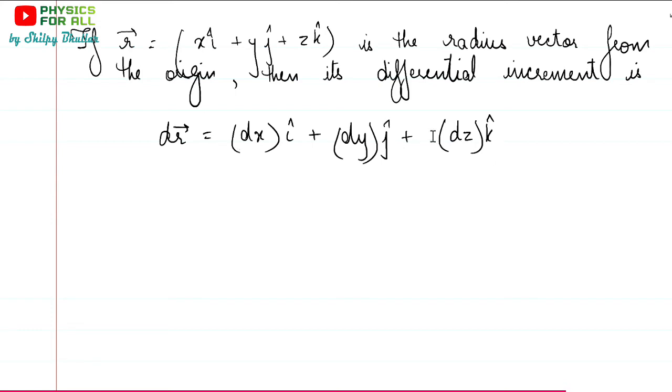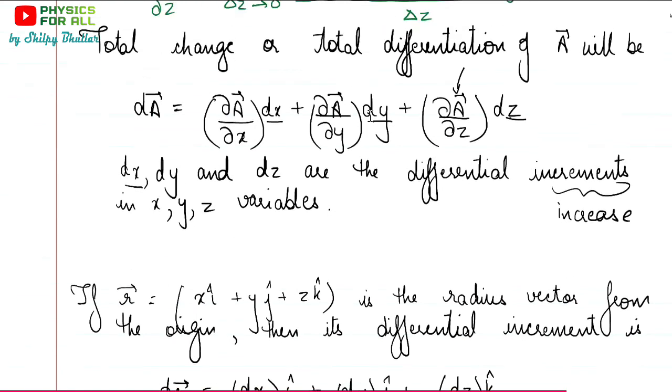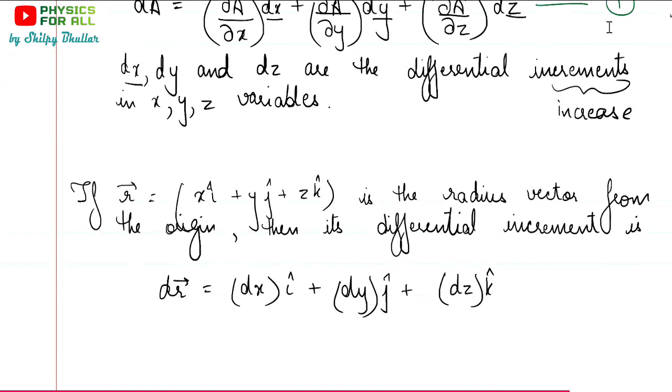So now this equation that we have just mentioned here, let's give it a number. Let this be equation 1 and this one be equation 2. Now we have to introduce the del operator, so we have to do something.